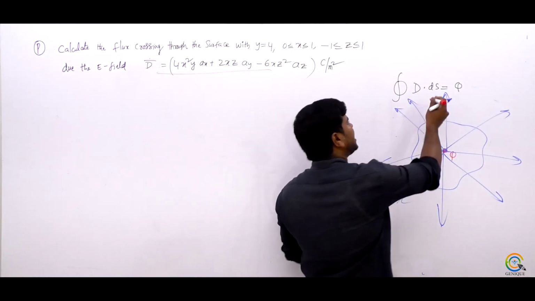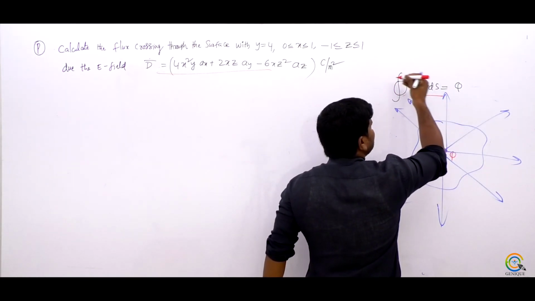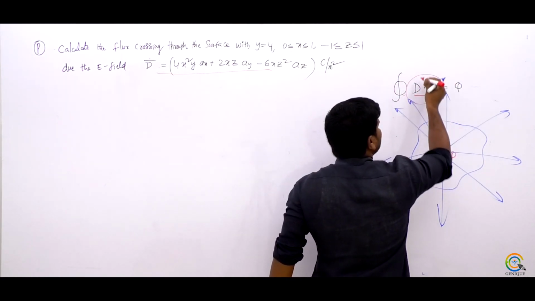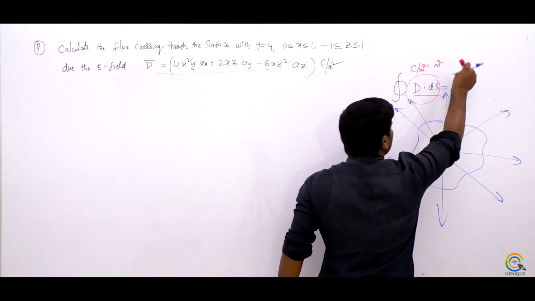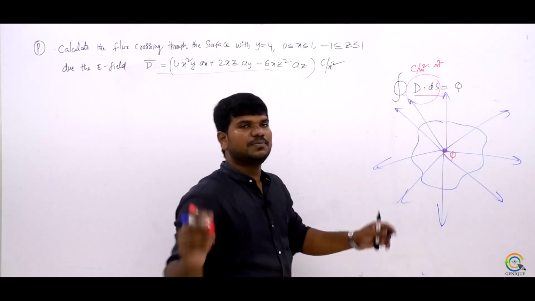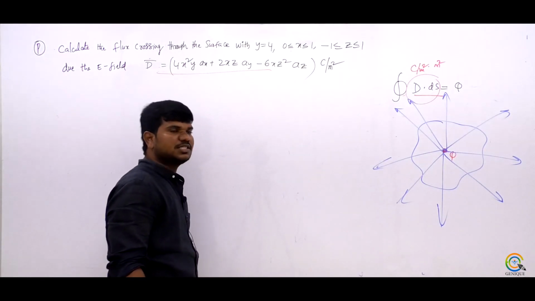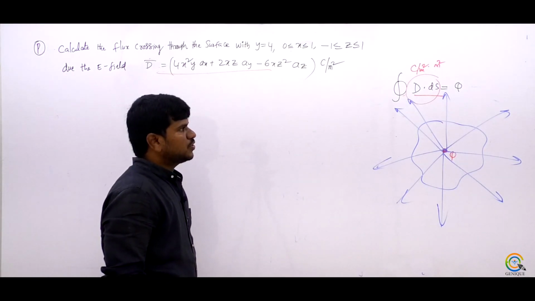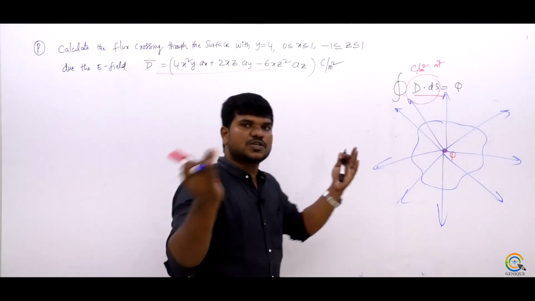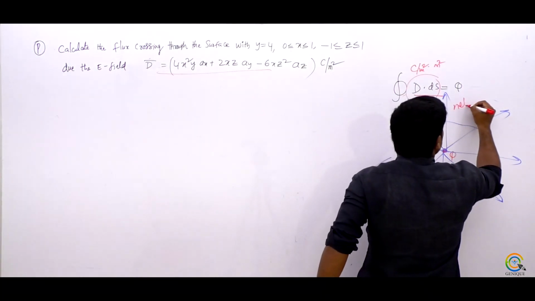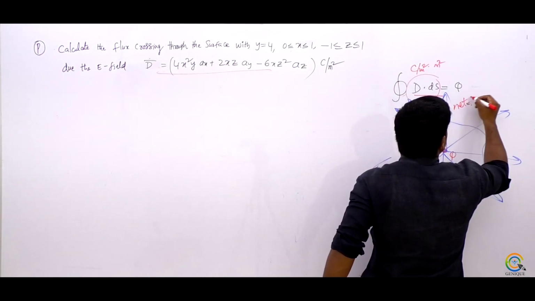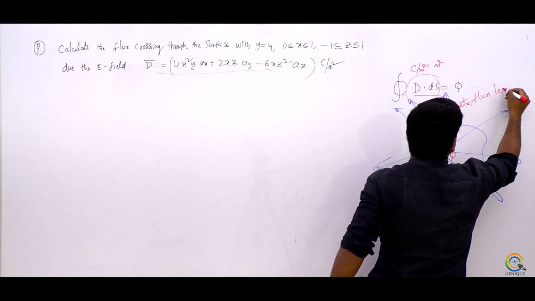Why is it called net flux? It is coulomb per meter square into meter square, which is coulombs, so net flux over the total surface area. If the surface is closed, this is called net flux leaving.